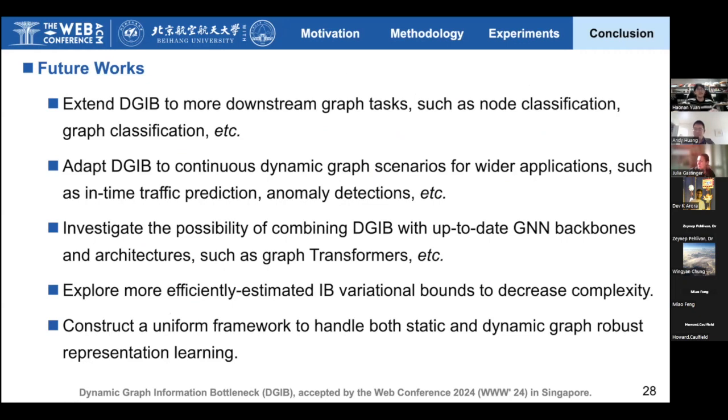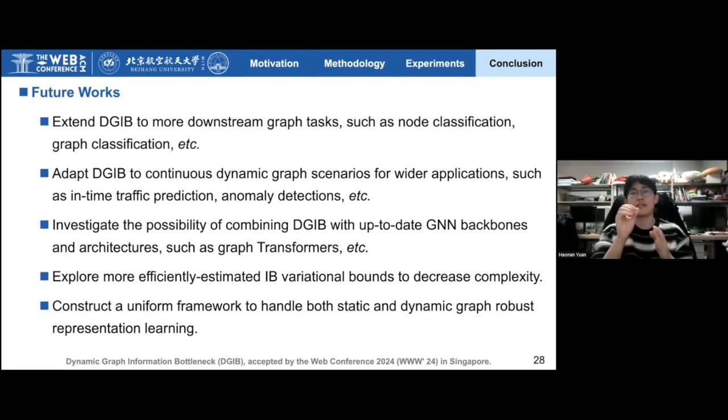The easiest way, I think, to adapt this to a continuous scenario is to use some sampling techniques. In a continuous dynamic graph, not every time step is equally important; not every time slice contains information as important as what we have to take for optimization.